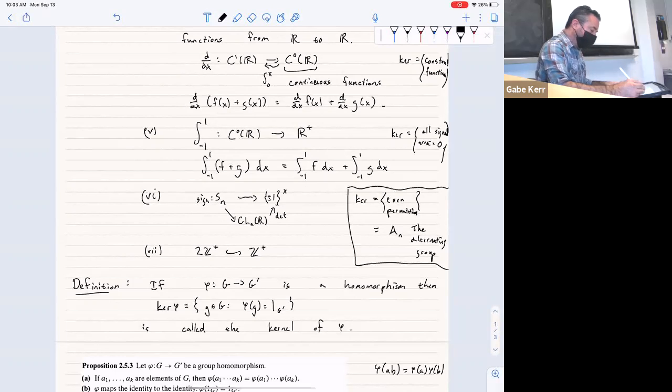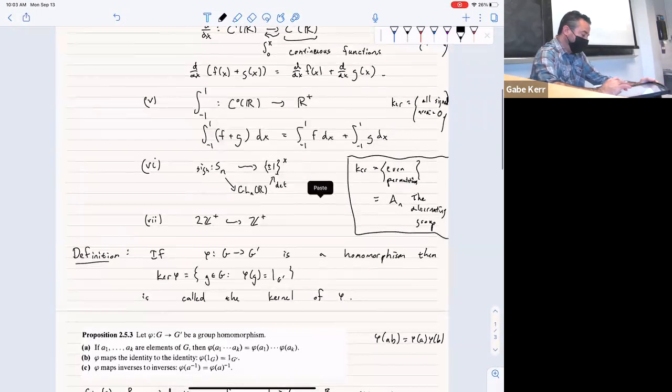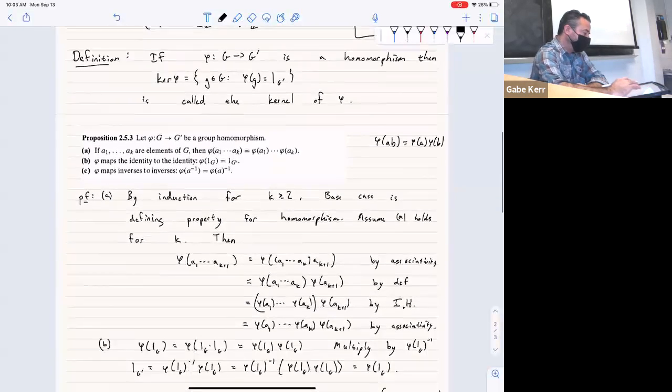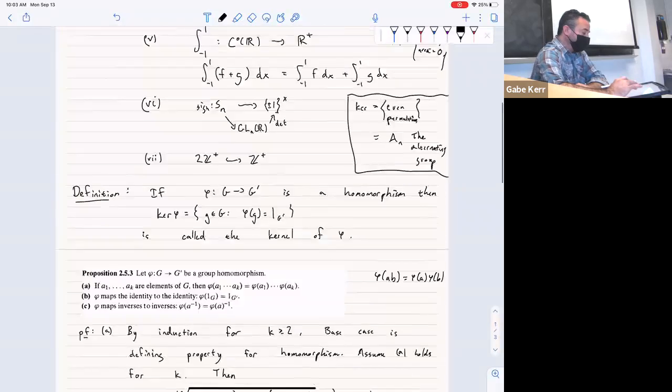I don't know, we're probably not going to prove the simplicity of it, but it's a very famous group. And of course, if you have an inclusion, a one-to-one map, the kernel has to be just the identity, because you can't have two elements for a one-to-one map that are sent to the same element.